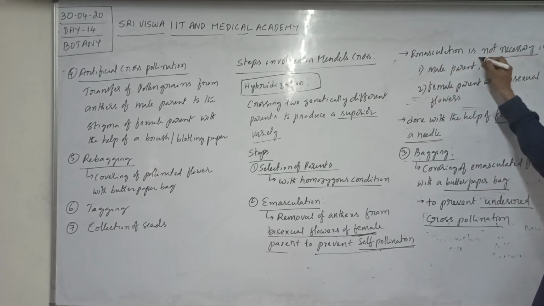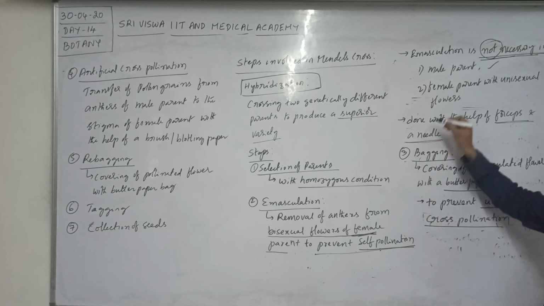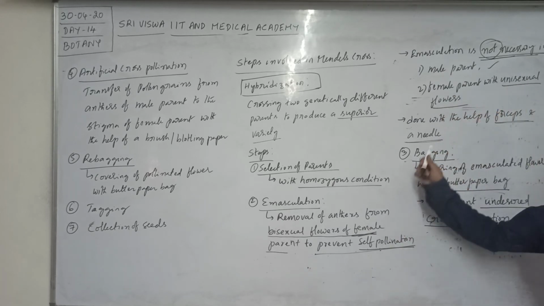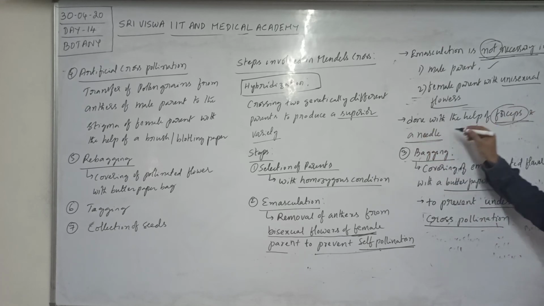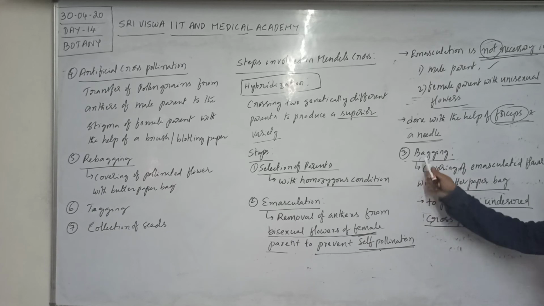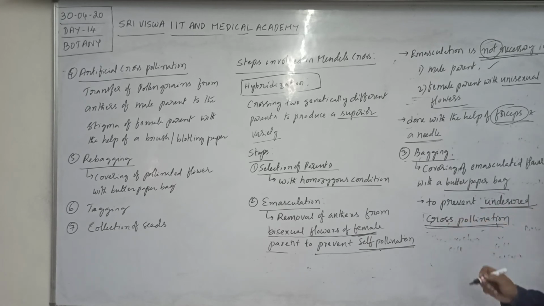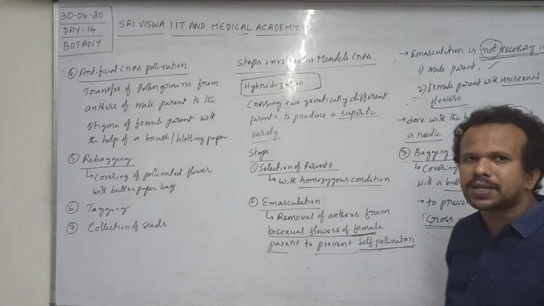It is not necessary in the male parent, nor in a female parent with unisexual flowers. It is done with the help of a forceps and a needle. Then bagging, the third step, covering of the emasculated flower with a butter paper bag. It prevents undesired cross-pollination, while emasculation prevents undesired self-pollination.